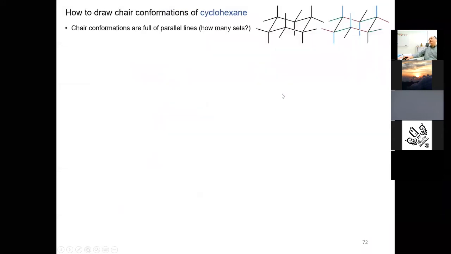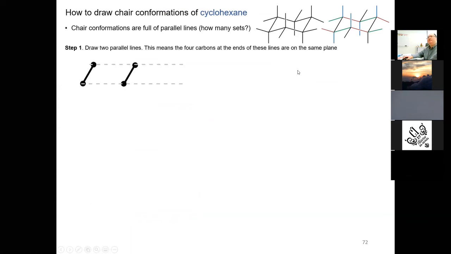Okay, before we move on to talk in detail about these six-membered rings, we first need to learn to draw the chair conformation of cyclohexane. If this is your first time encountering these structures, it takes some time to practice. First, you draw two parallel lines.